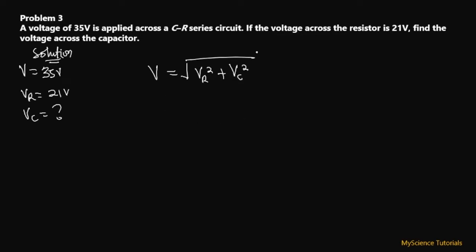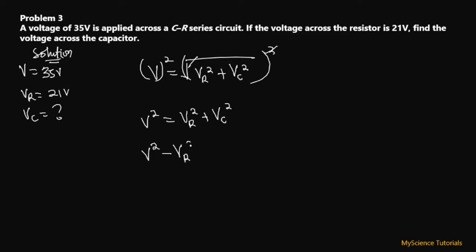So we square both sides, so we get rid of the root here. We have V squared is equal to VR squared plus VC squared. So let's make VC the subject. We leave it here, move the VR to the other side. We have V squared minus VR squared is equal to VC squared.